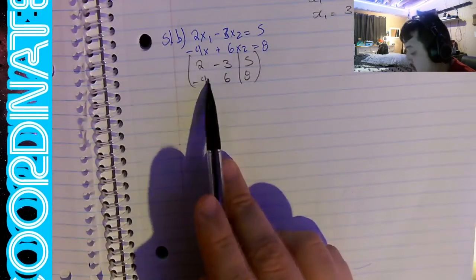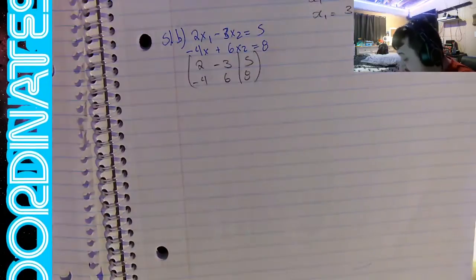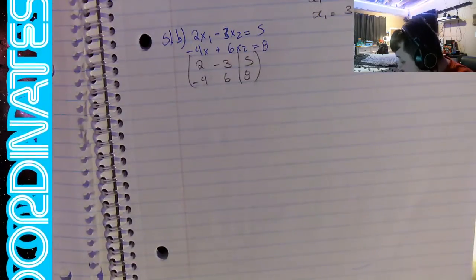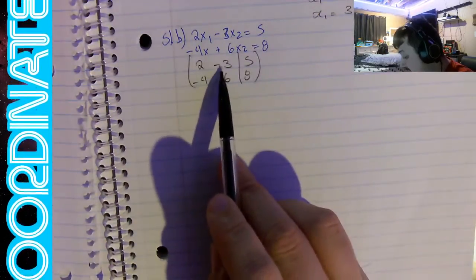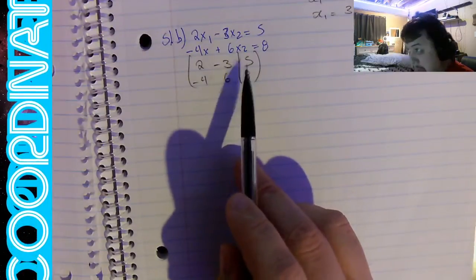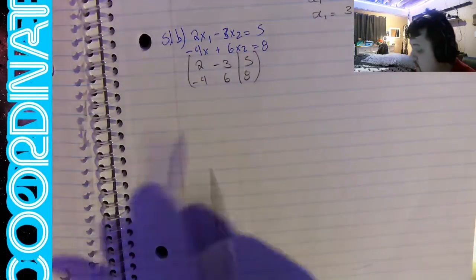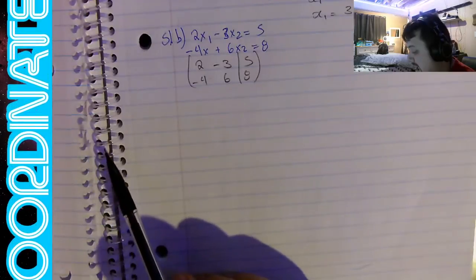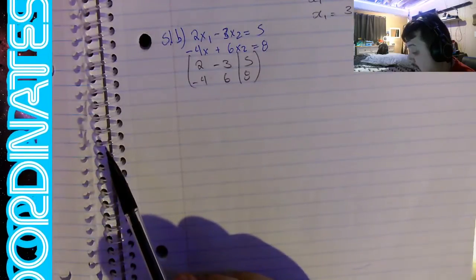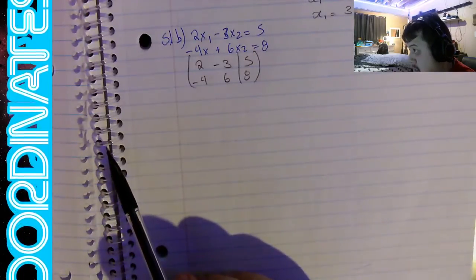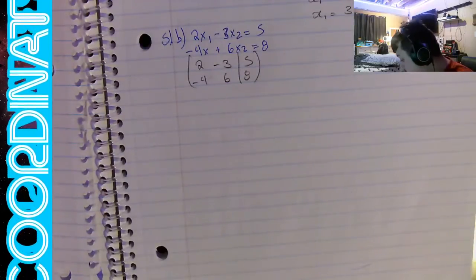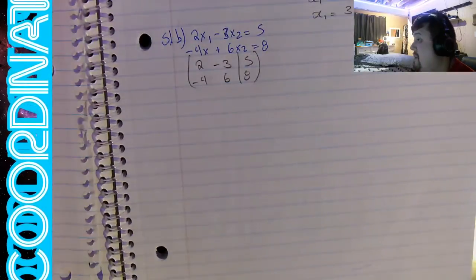Now, between these two lines, we have an issue. We can divide by 2 and get negative 3 over 2 and 5 over 2, or we can divide by negative 4 and get a nice number. It's up to you. I personally want the nice number.